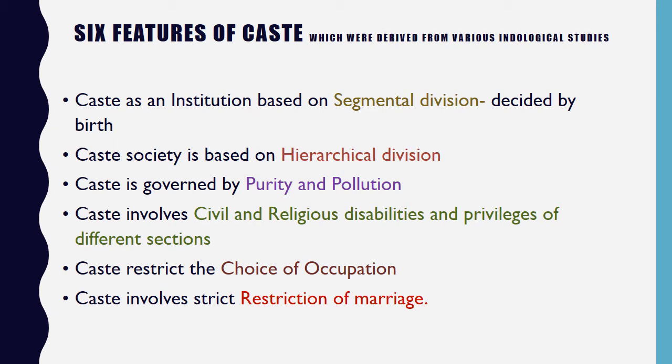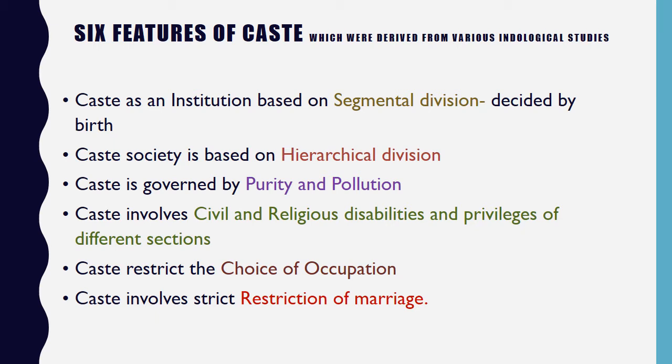Second, caste society is based on hierarchical divisions. That means it is a top-down fashion. Third, the institution of caste necessarily involves restrictions on feeding and social interactions, especially regarding food: the upper caste people can't share their food with the lower caste, and can't sit with the lower caste and have food together.